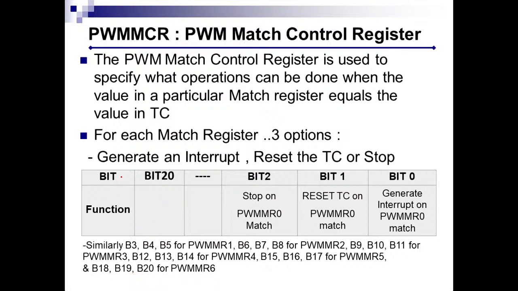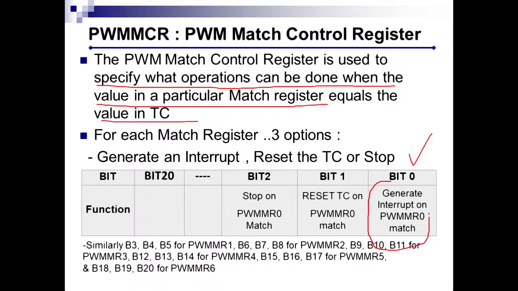Then the PWM match control register, if you look at it in more detail, is used to specify what operations can be done whenever the value in a particular match register is equal to the value in the timer register, that is the TC. There are 3 options available. First, if bit 0 is set, then generate an interrupt on PWM MR0 match.